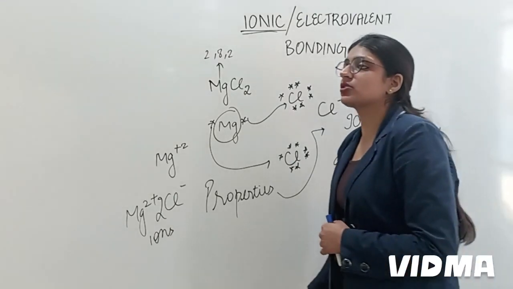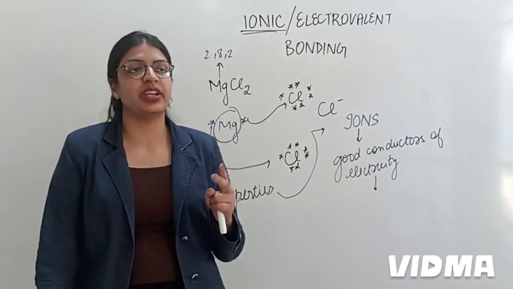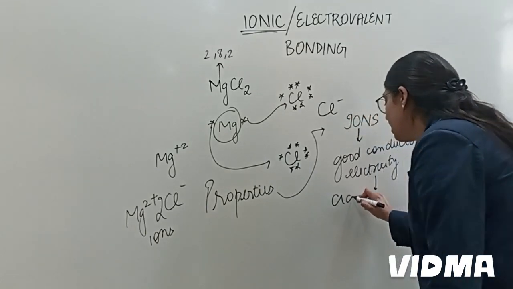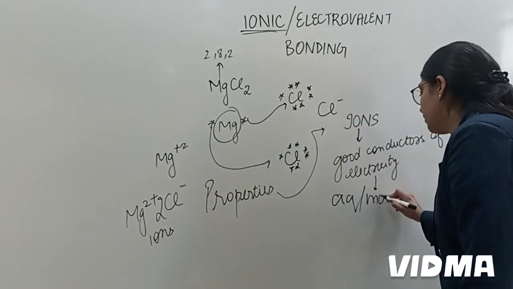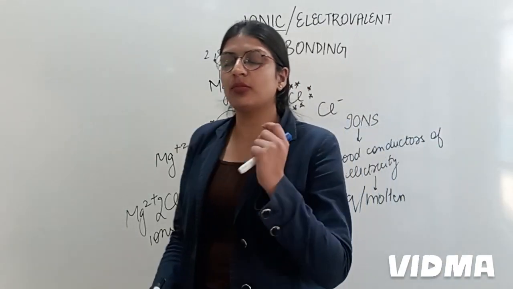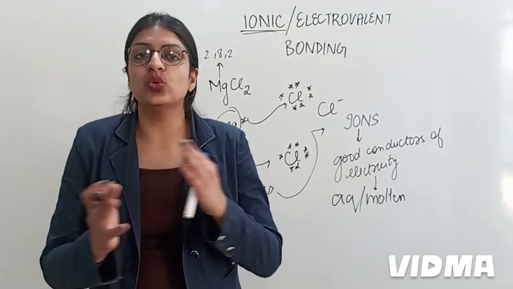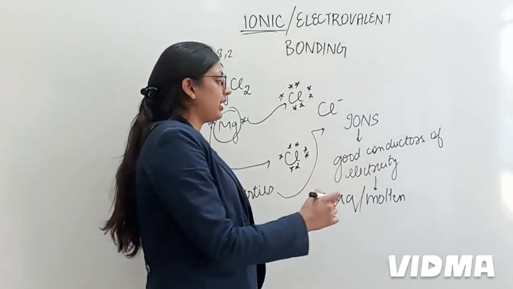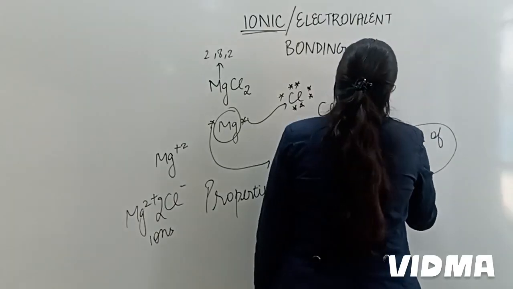These are good conductors of electricity only in two mediums: one is aqueous and another is molten. In aqueous or molten state they can easily lose their force of attraction. They have very weak force of attraction, and then only they can give these ions.